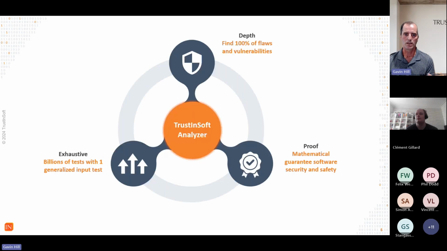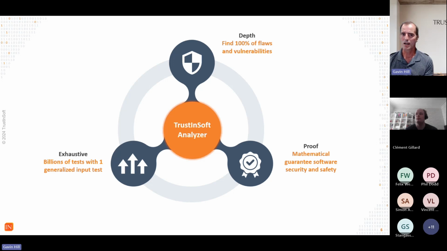From a TrustInSoft Analyzer perspective, we use abstract interpretation and formal methods to provide developers with testing tools to exhaustively test their code through billions of tests with generalization of inputs, as well as providing mathematical proof that there are no UBs, or undefined behaviors, within the code.